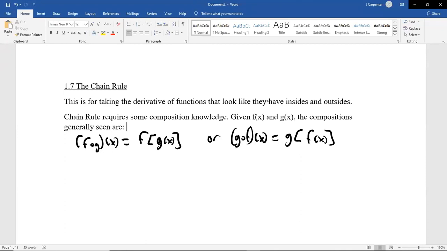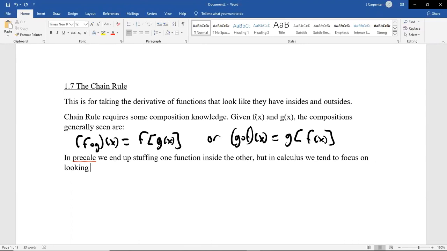So normally we focus in a pre-calc class on taking one function and stuffing it inside of the other, but we're going to take a different approach. So in pre-calc, we end up stuffing one function inside the other. But in calculus, we tend to focus on looking at one function and making it a composition, by determining inside and outside.